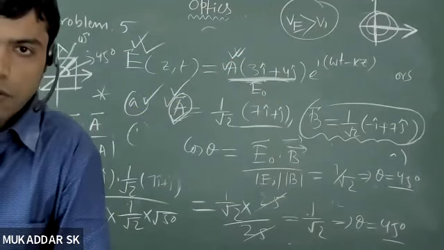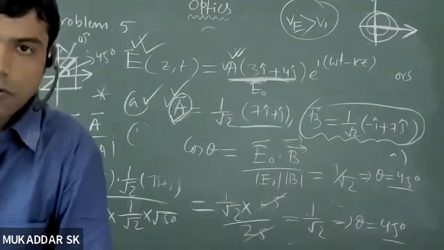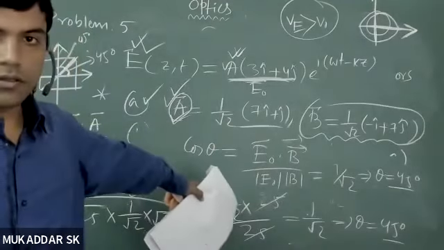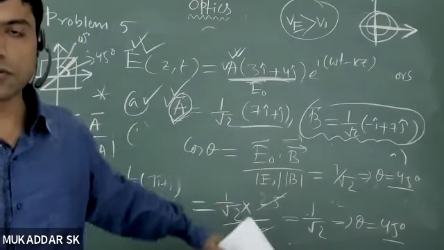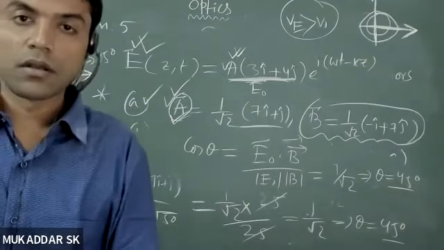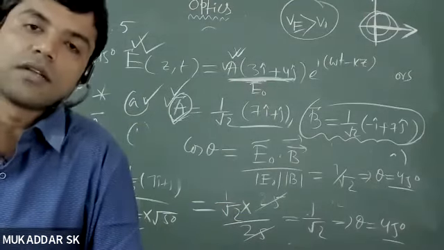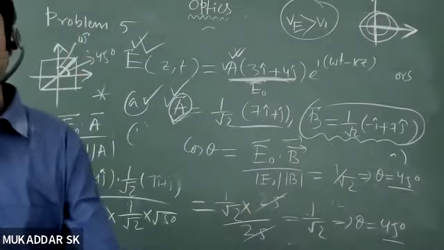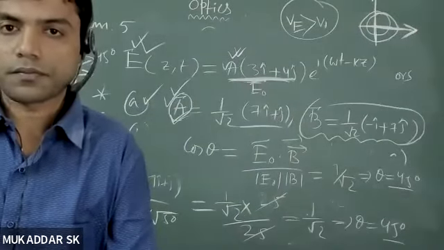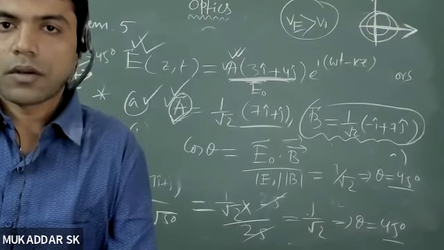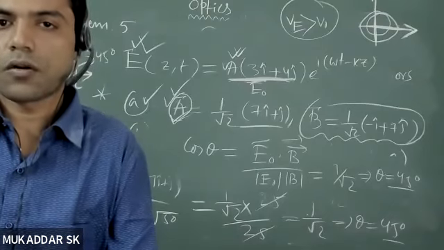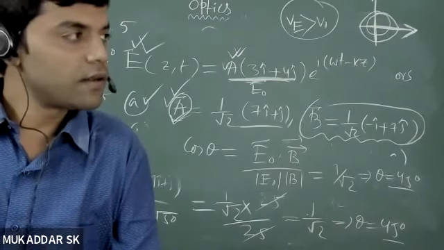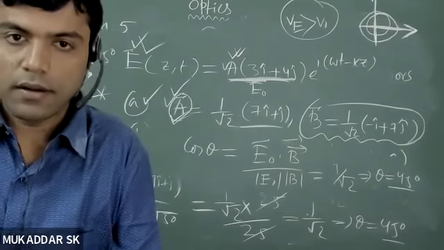You have to choose the direction of first axis from the four options, so that this direction of first axis will convert this light into circularly polarized light. That is the question. You have to choose the direction of first axis of this quarter wave plate so that it can convert the incident light into circularly polarized light.